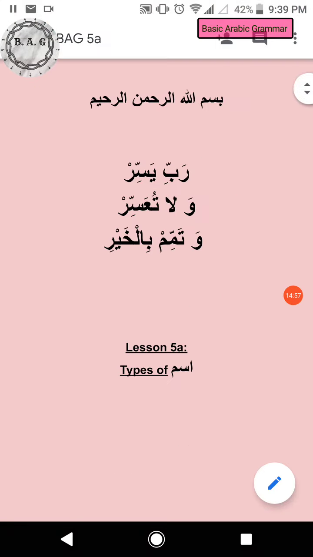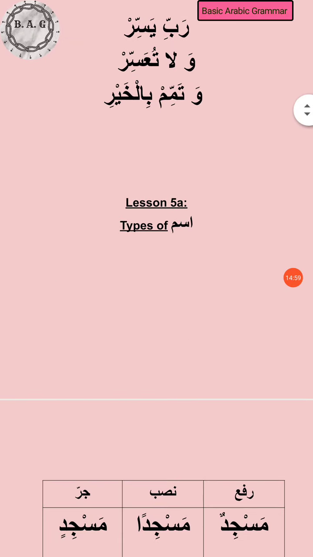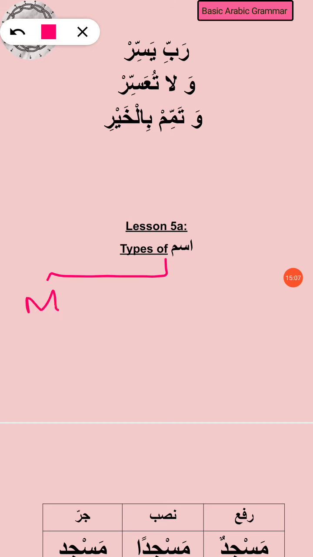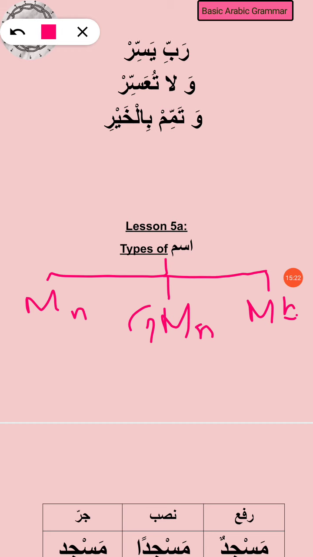The first group is the munsarif one. The second one is the ghair munsarif one. And the third one is the mabni one. So munsarif, ghair munsarif, and mabni.